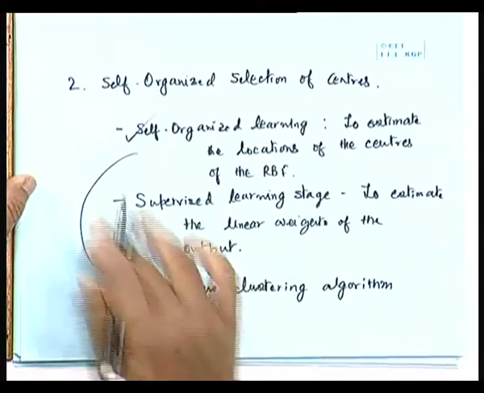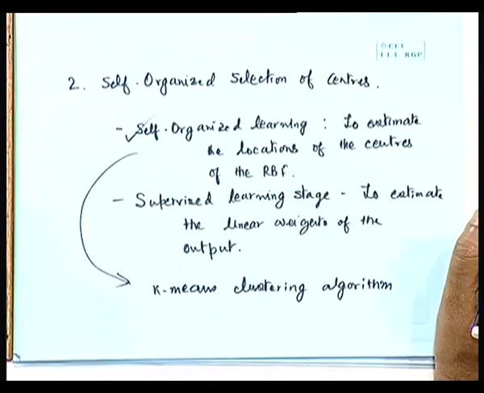For this mechanism to work, we have to feed a set of training patterns, and then in accordance with the training patterns, we have to properly adjust the positions of these TIs.